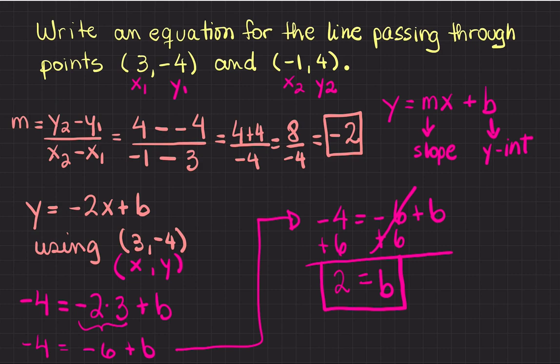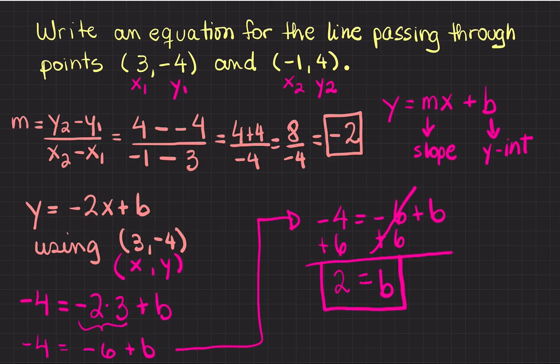Now that I know that b is equal to 2, I am going to plug it in here, because that was the only thing missing, since I already found the slope, negative 2. Once I plug in the b, I'm done.